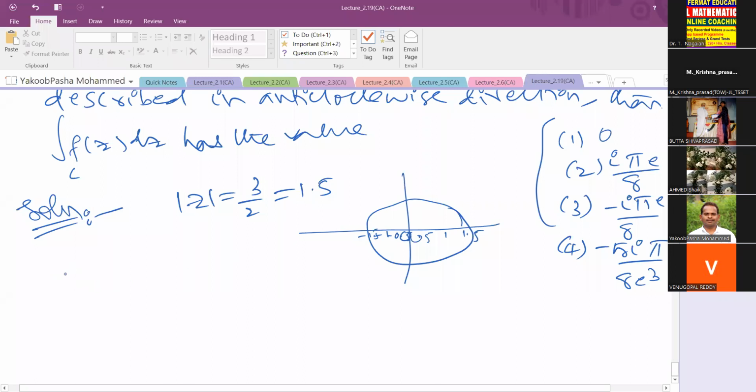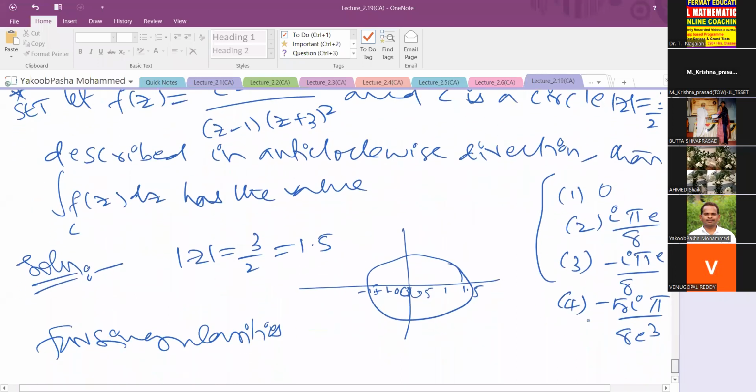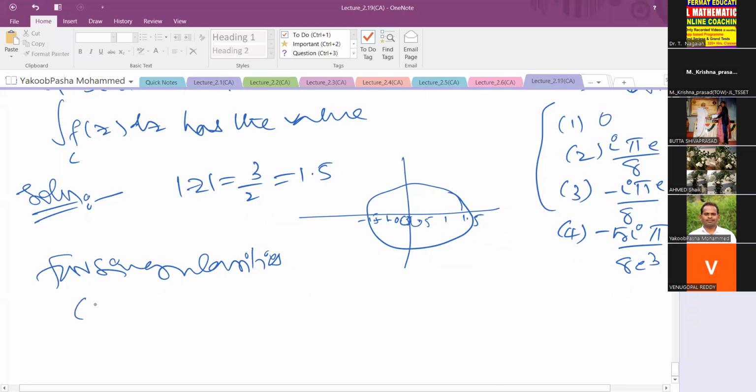Okay. So for singularities, the denominator is z minus 1 into z plus 3 whole square. z minus 1 into z plus 3 whole square is equal to 0. So z is equal to 1, minus 3, minus 3.